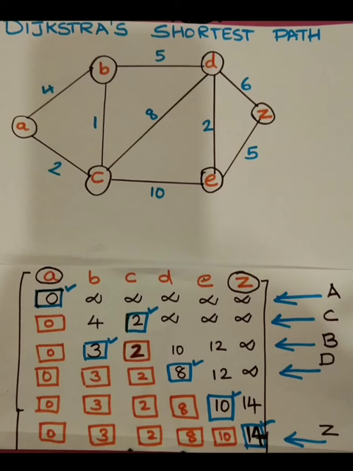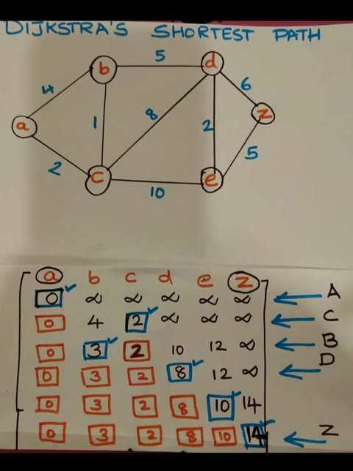And in Dijkstra's algorithm, as you know, there is a formula to find the path, that is minimum of old label of j, old label of i plus dij, where dij is the distance from label i to label j. And here i is A and j is B and C.